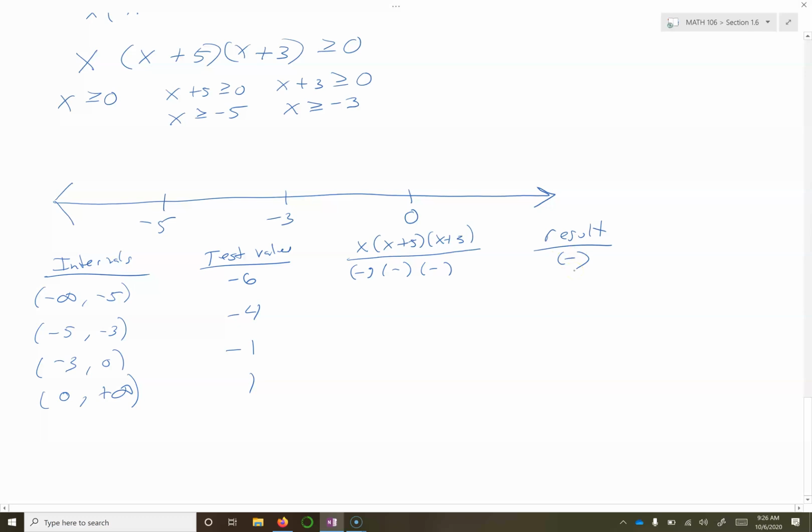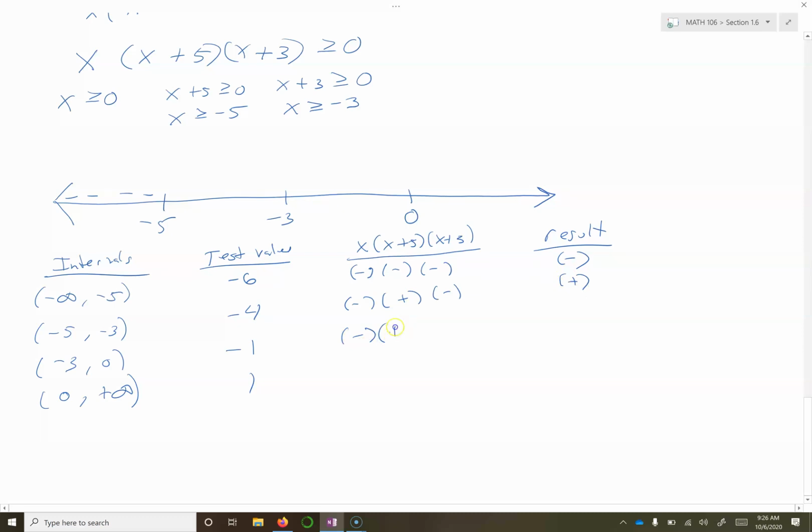Negative times a negative times a negative gives me a negative. So here I have negative numbers when I'm less than negative 5. All right, negative 4. So we have negative. Negative 4 plus 5, positive. Negative 4 plus 3, negative. So look at that. Negative times a positive times a negative is a positive. All right, negative 1, just negative.